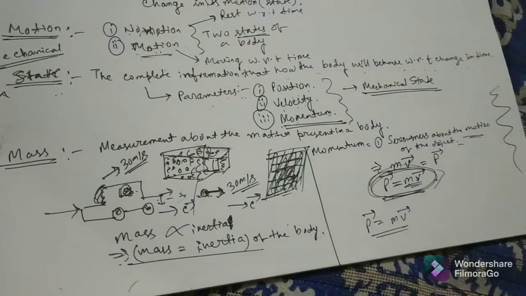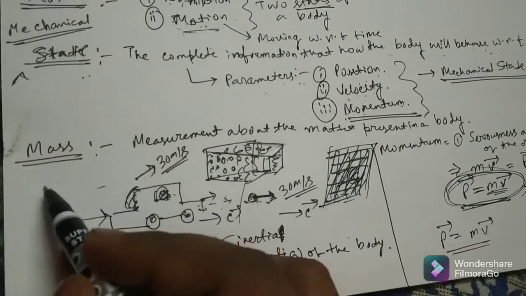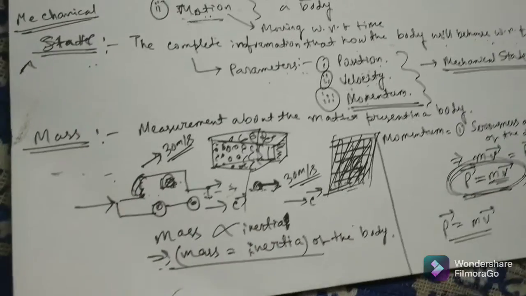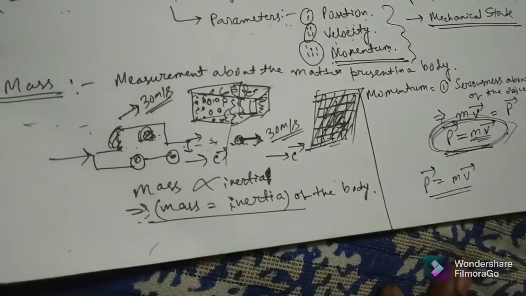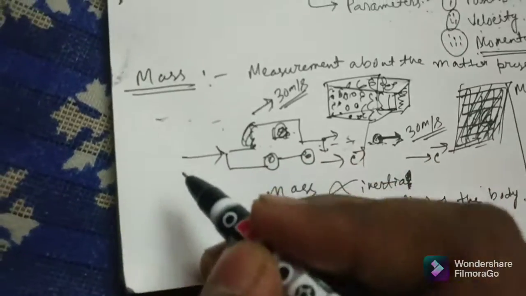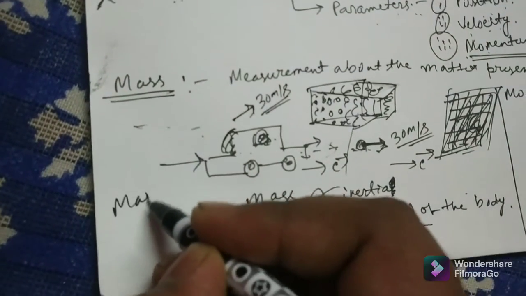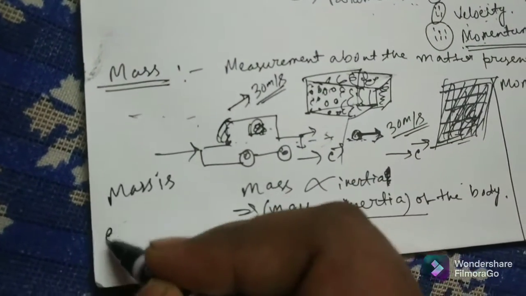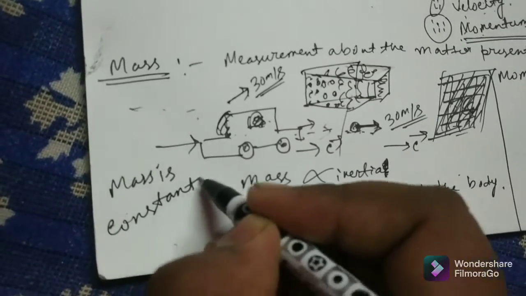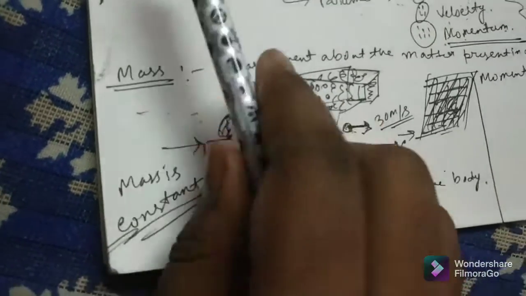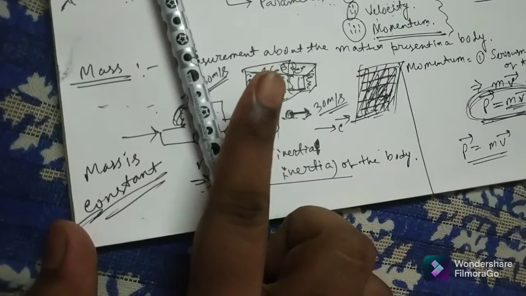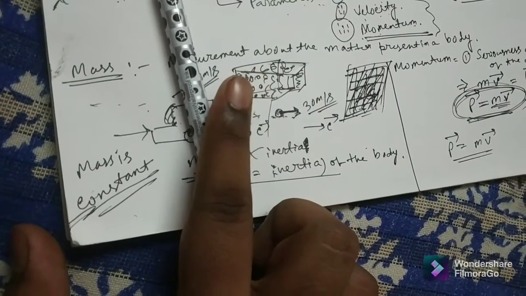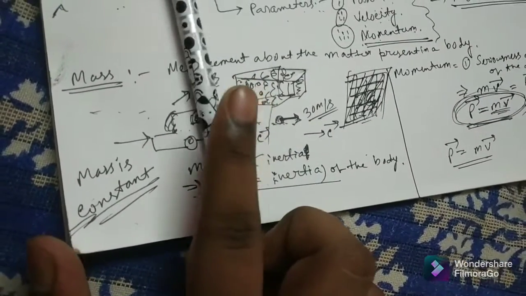This is the mass of the body, which is just the quantity of matter present in the body. For Newtonian mechanics, mass is constant. My finger cannot suddenly become thick or thin, ignoring that I don't do any exercise.